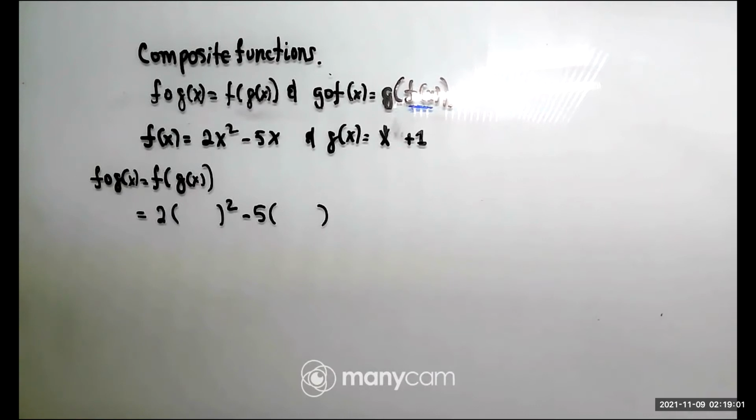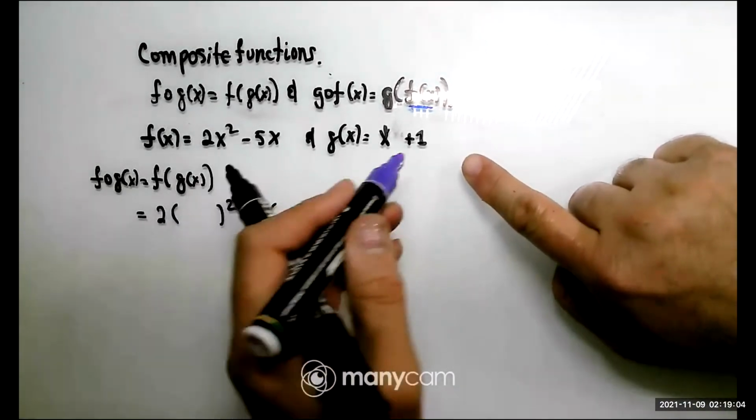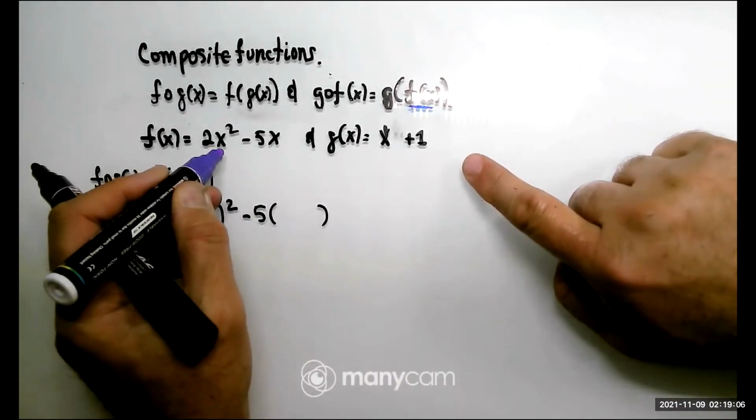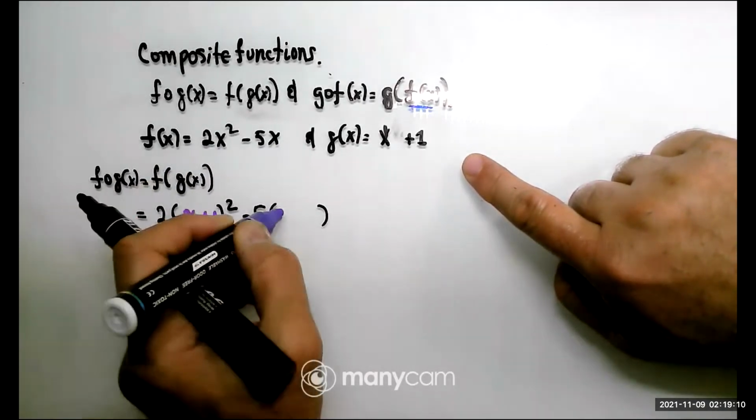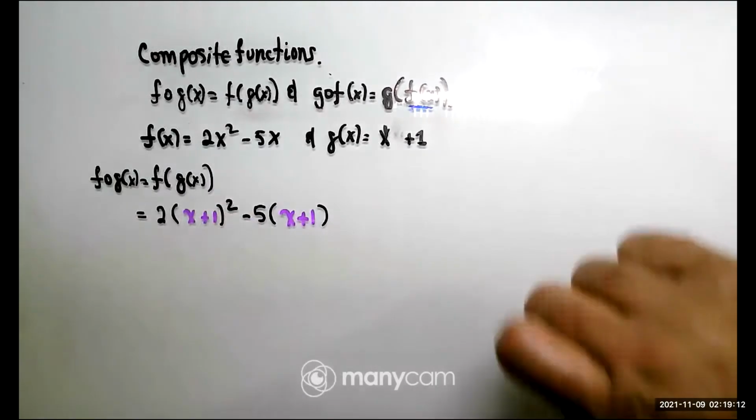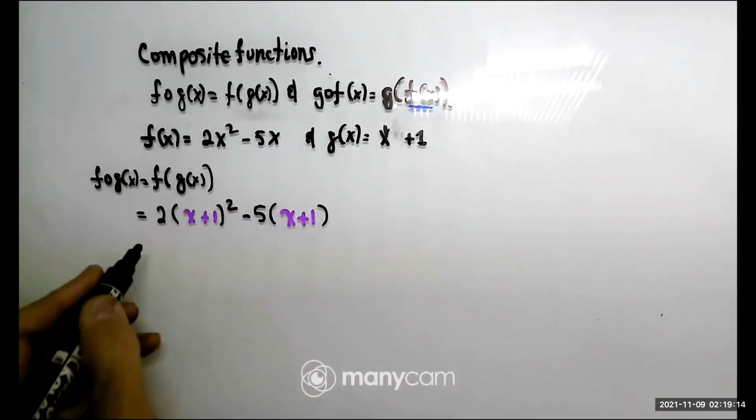And once again, my input will be g of x. So I need to input x plus 1 instead of the x. So we replace x by x plus 1, and we just do the algebra, no big deal.